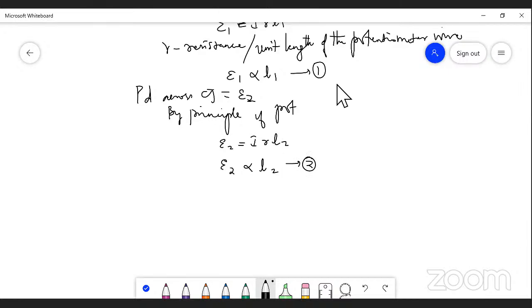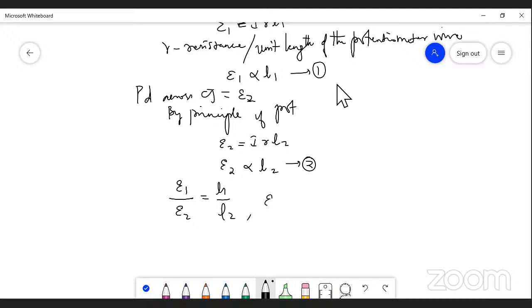Now we are trying to compare the EMFs of the two cells. So divide equation 1 by 2, so that you will get E1 divided by E2 equal to L1 divided by L2. Now, if either E1 or E2 is known, and the balancing lengths L1 and L2 are known, then you can easily determine the EMF of the other cell.